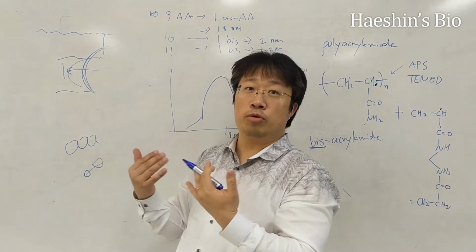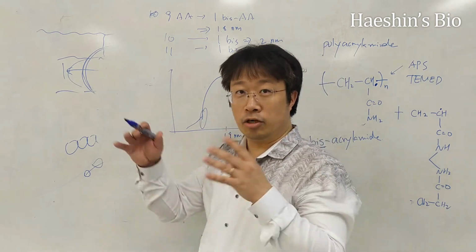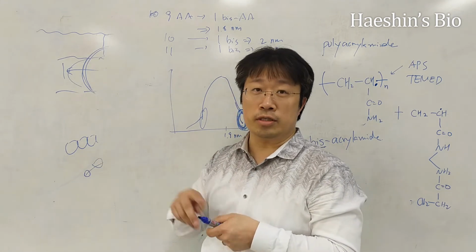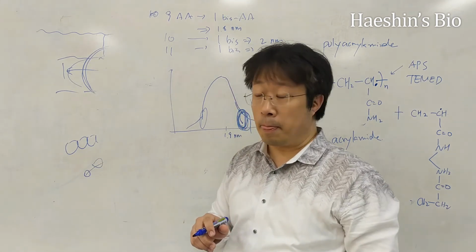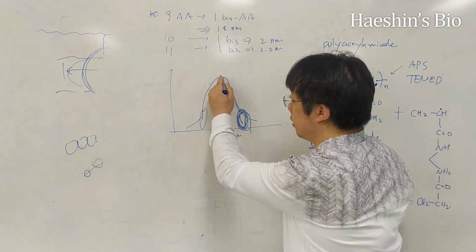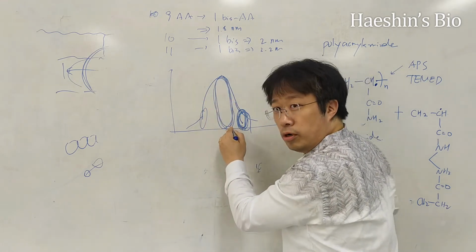So it can be slowed down, because with the smaller-sized networks the larger protein has difficulty traveling through these polymeric networks. How about the small one? The small one penetrates more easily using these pore networks.